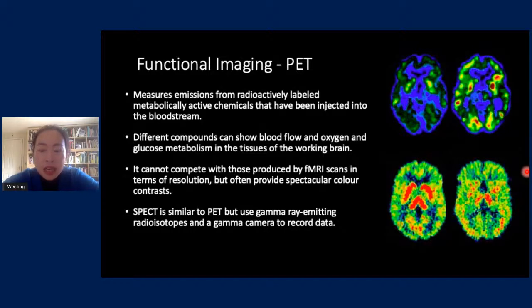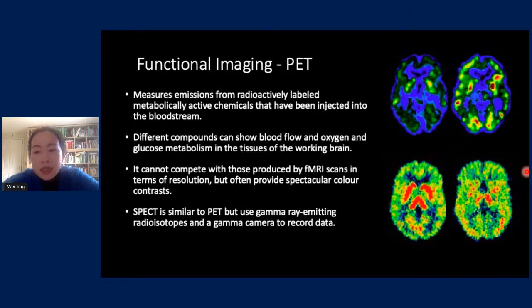The emission data are computer processed to produce 2D or 3D images of the distribution of the chemicals throughout the brain. The greatest benefit of PET scan is that different compounds can show blood flow, oxygen, and glucose metabolism in the tissue of the working brain.